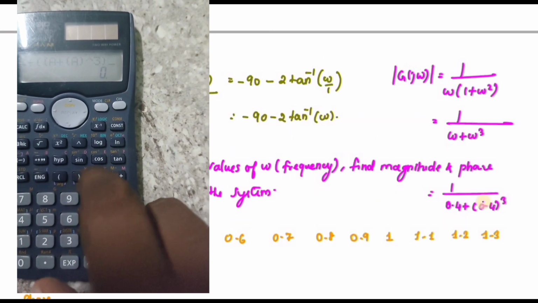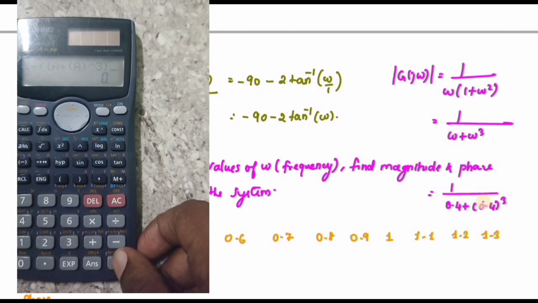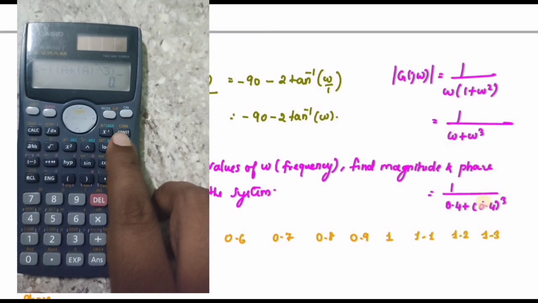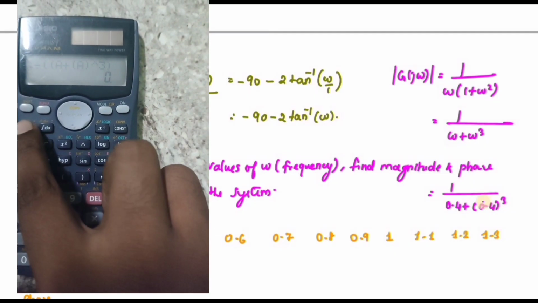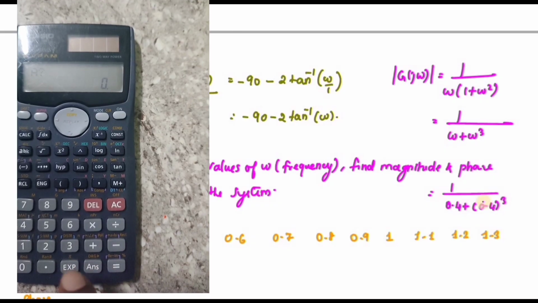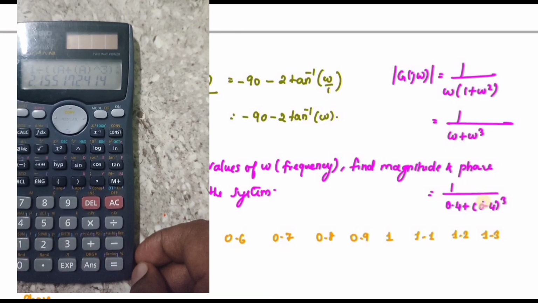If you press equal to, you will get a math error, so instead of that you press the calculate button. It asks for the value of A, so you enter 0.4 and press equal to. You get the answer 2.15, which you can write as 2.2.